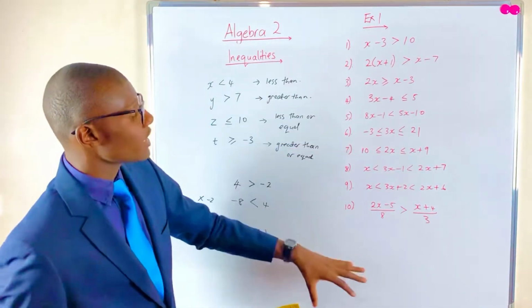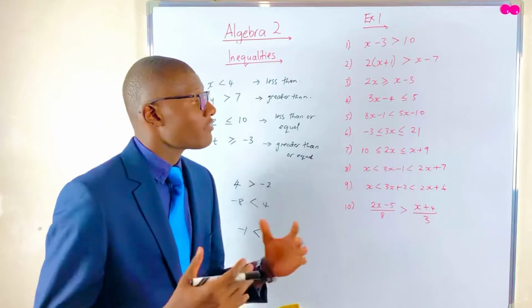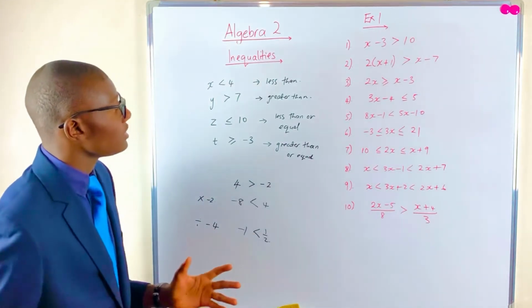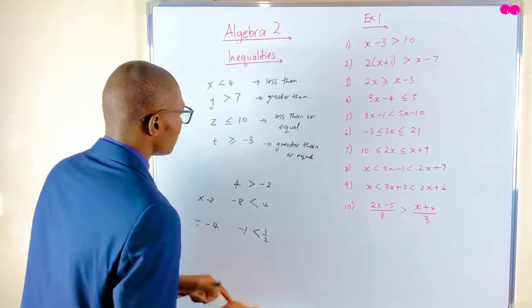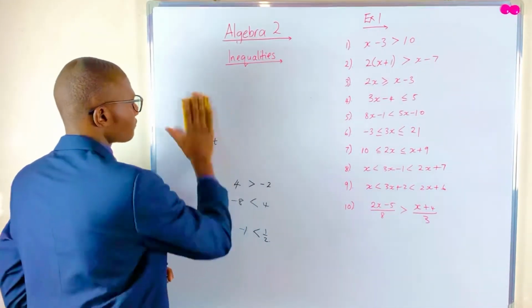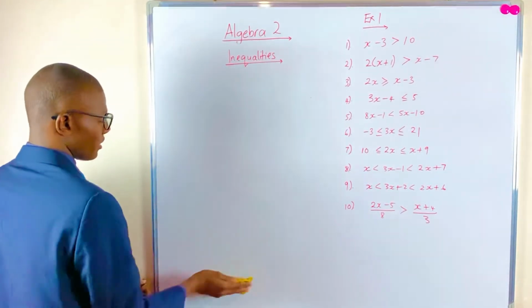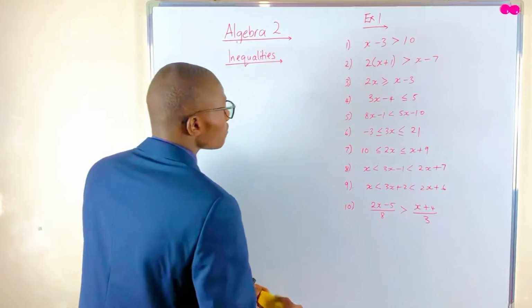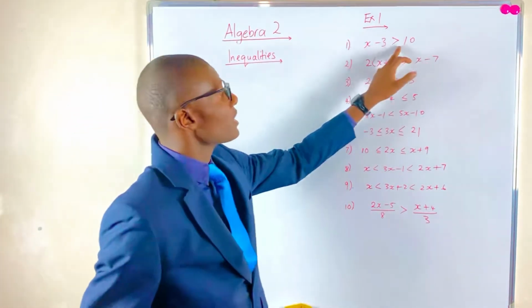Now I'd like to look at these 10 inequalities that we're required to solve and find the inequalities for x. So allow me to use this whole part. Okay, so let's start. For the first one, we've got x minus 3 being greater than 10.